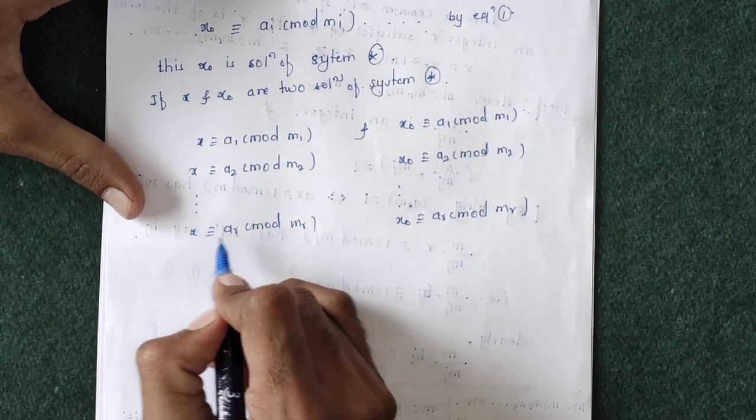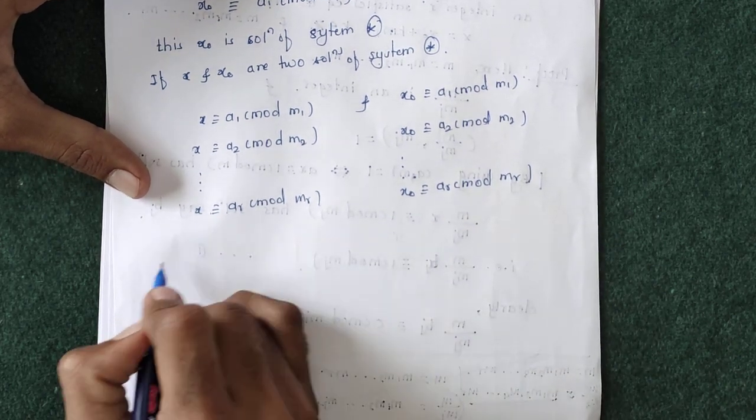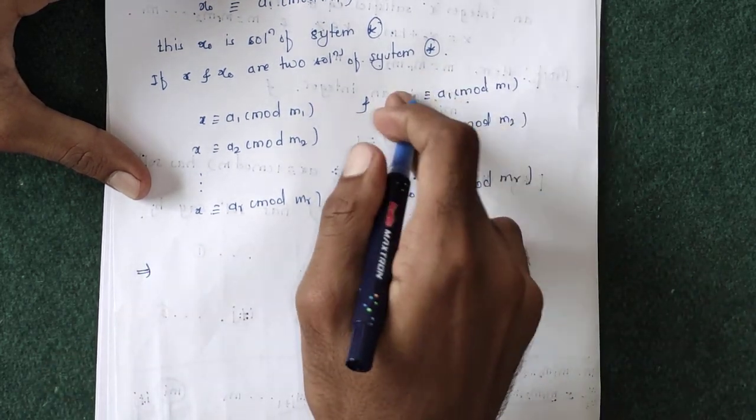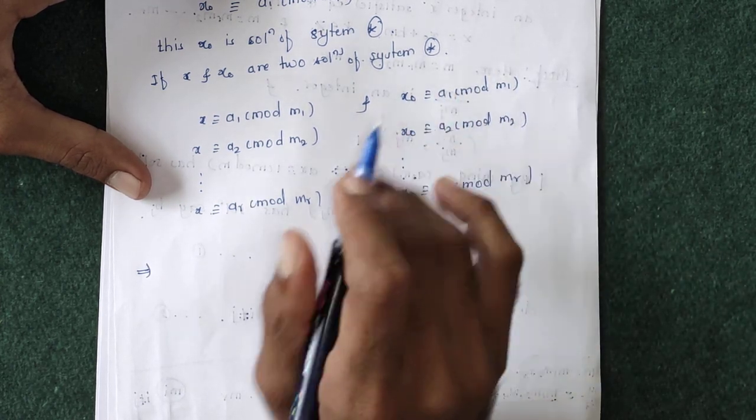Now in the next step we will just rearrange this congruence by using: if a is congruent to b mod m, then b is congruent to a mod m.